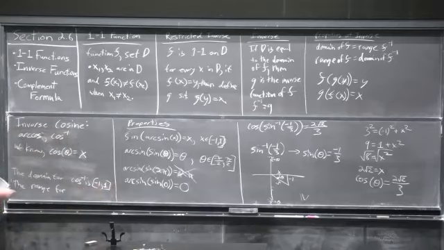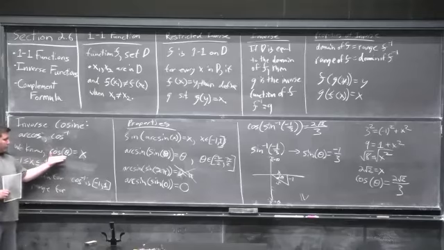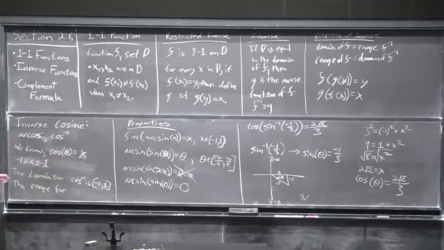Because that is the range of this x. So this x is somewhere between -1 and 1. Now, we have to find a portion of the domain of cosine that gets us this range of -1 to 1.